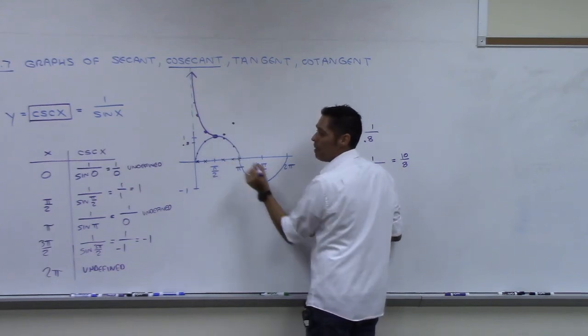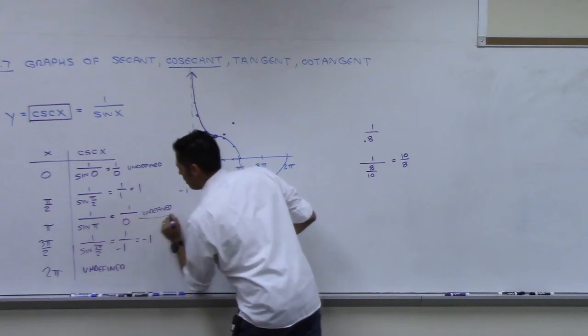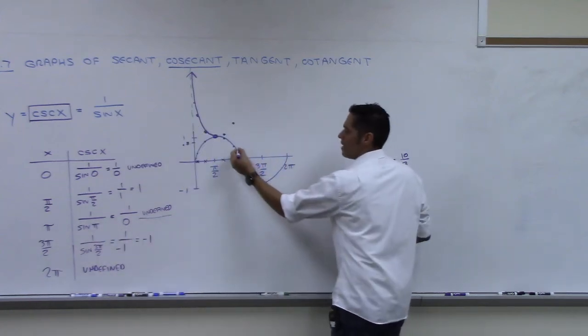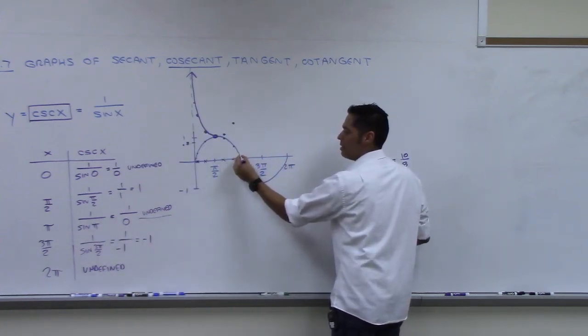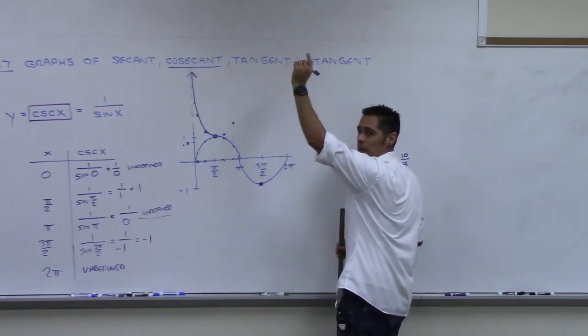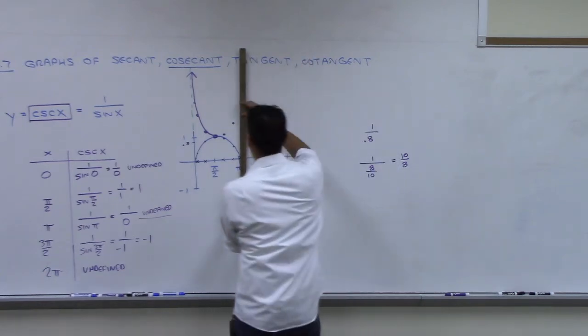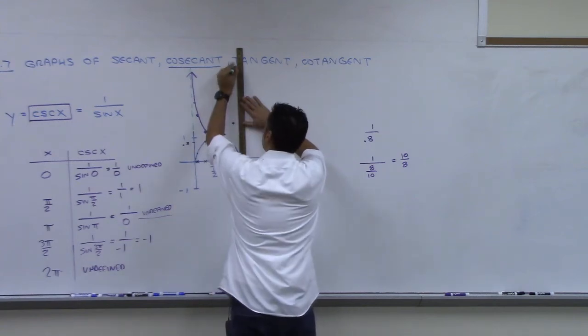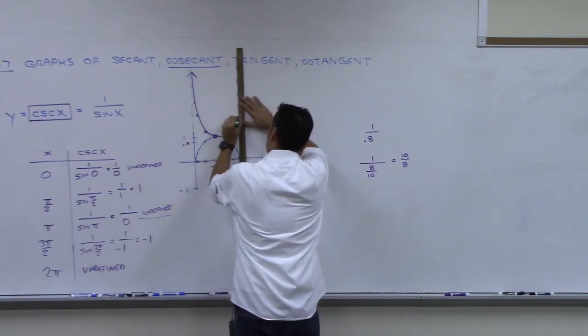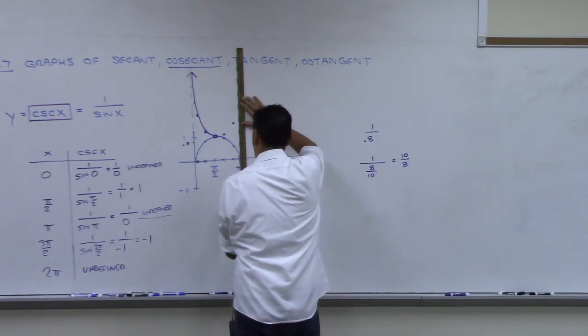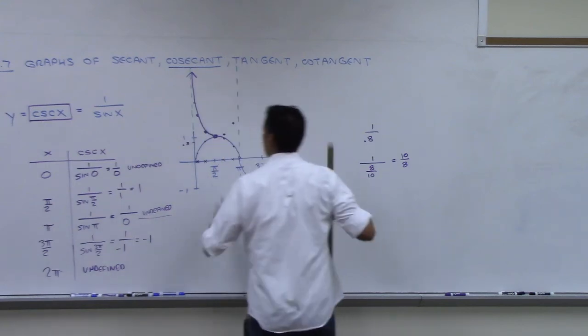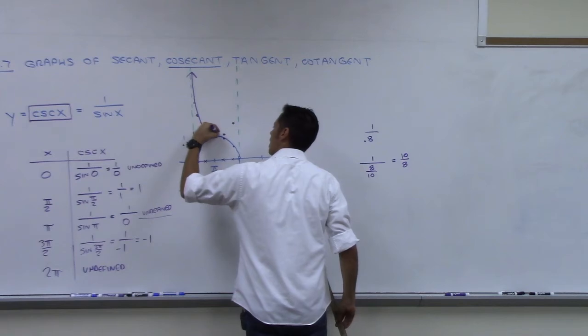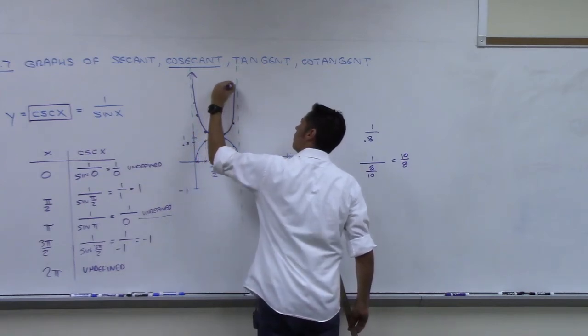Now pi, I had a problem at pi, didn't I? At pi was undefined. So as I get closer and closer here, 1 over that gets bigger and bigger and bigger. So I have the same exact thing happening right here. I have another vertical asymptote. And this thing is taking off towards infinity.